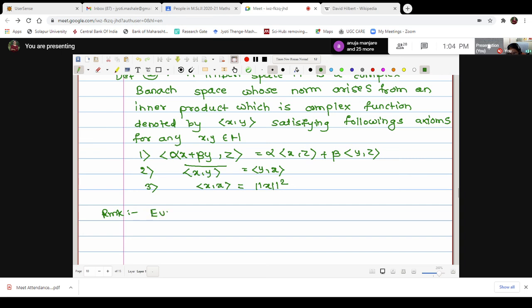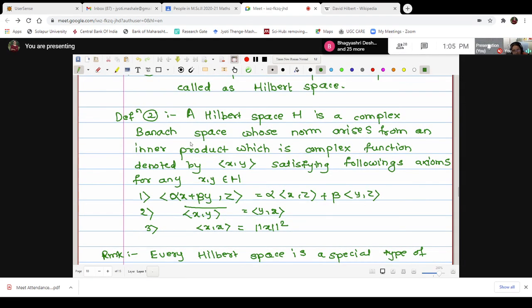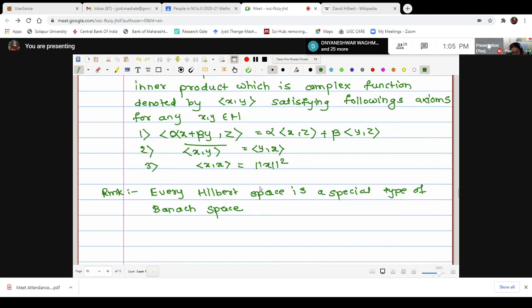Every Hilbert space is a special type of Banach space. Why a special type of Banach space? The second definition itself tells us: a Hilbert space is a complex Banach space. But the converse need not be true.